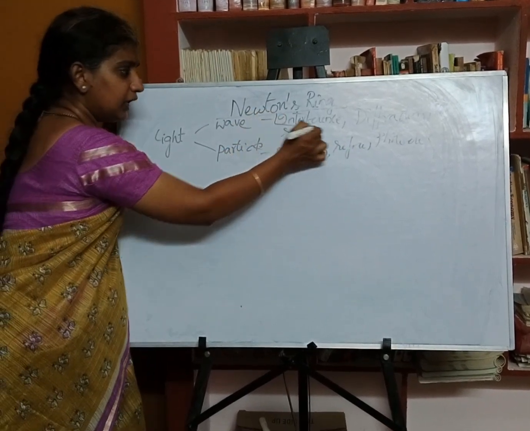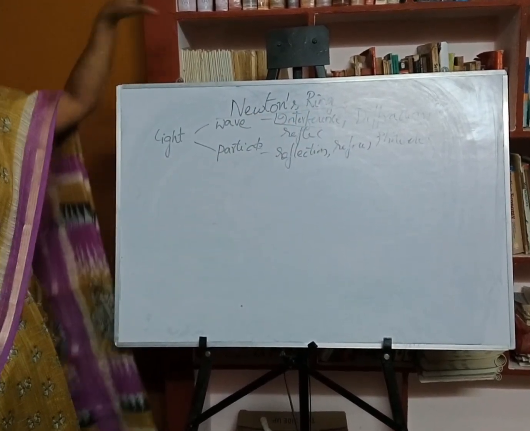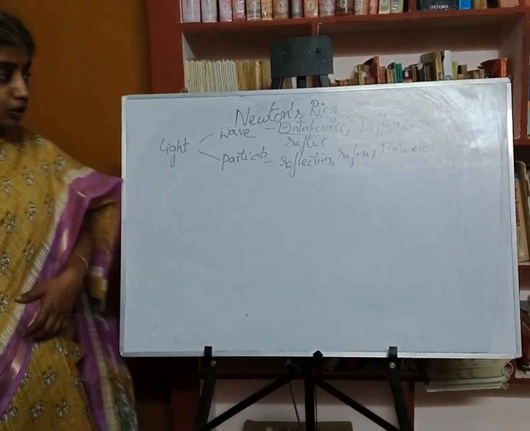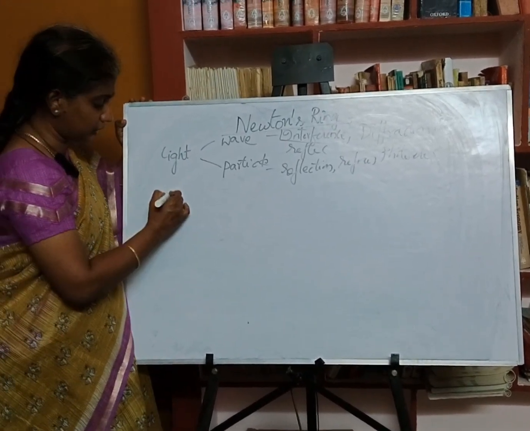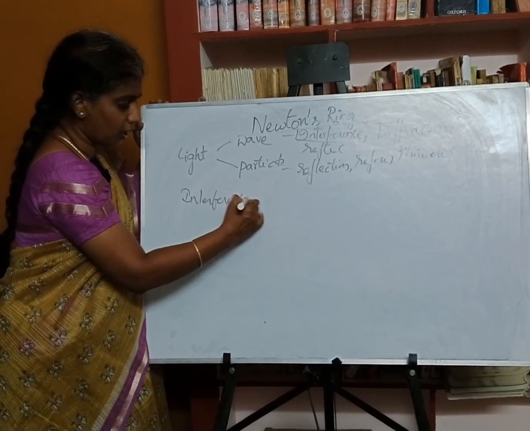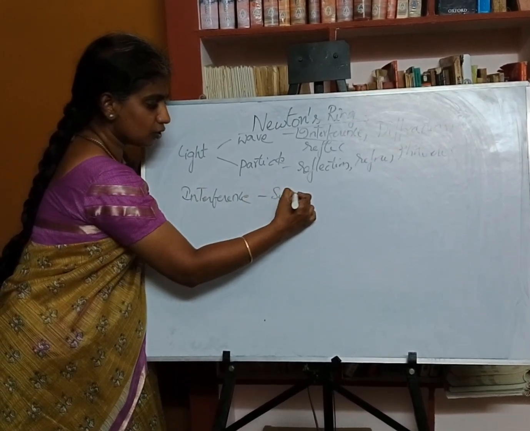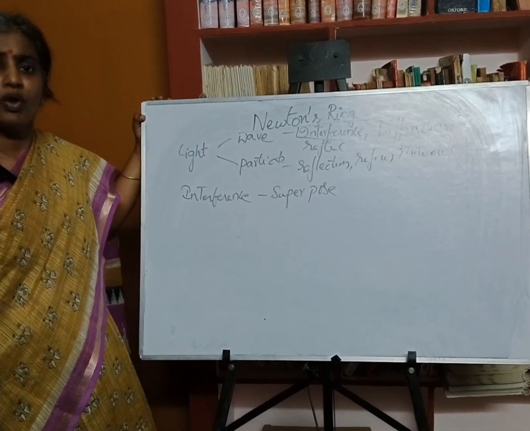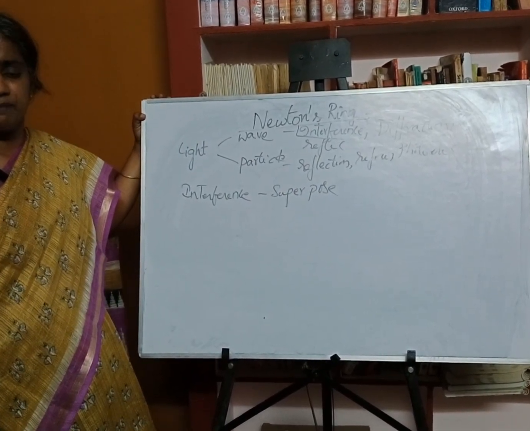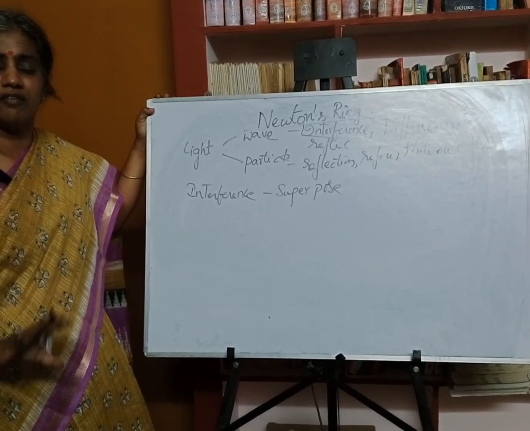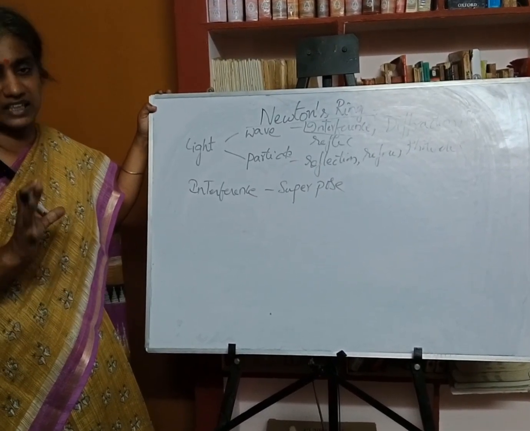Here we'll be dealing in detail with interference because Newton rings work on the principle of interference. Okay, so what have we learned about interference? Interference is the mixing or superposing of two or more light waves of different intensity such that the resultant distribution will have a mix of these intensities.